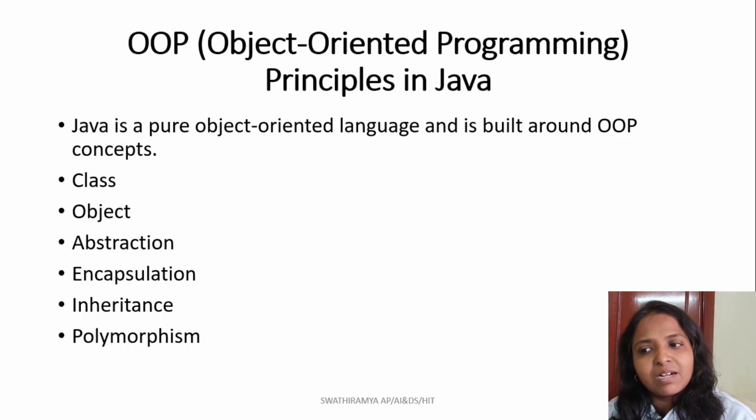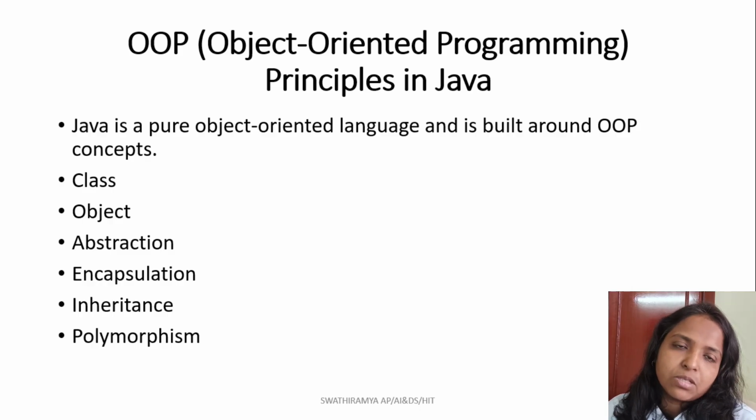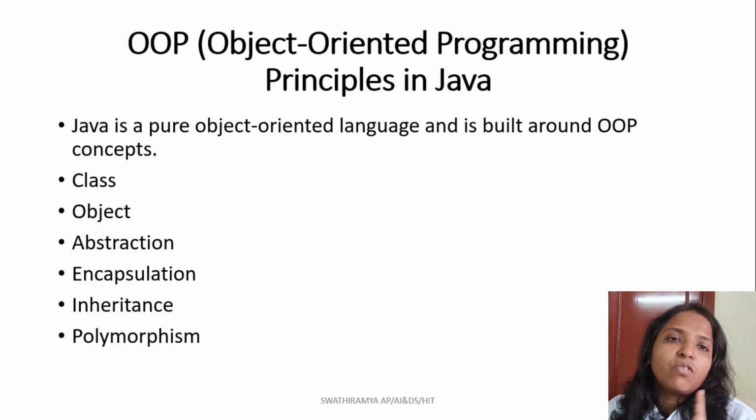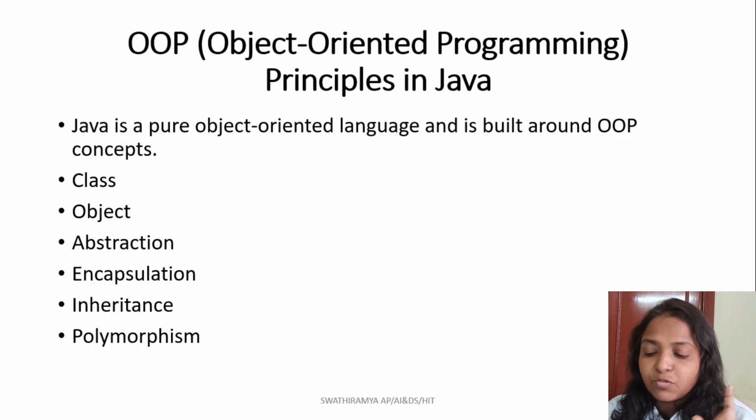So the same method can behave differently depending on the object. The work of the method is to display the details, but for the students it will display different details, for the faculty different details, and for administrative officers different details. This ability to take different forms is called polymorphism. One concept, many forms. This is called polymorphism.